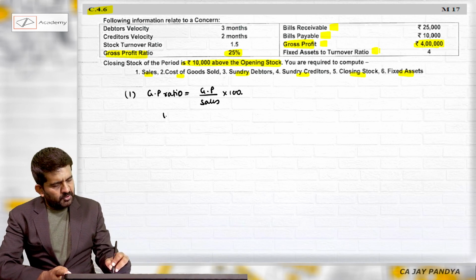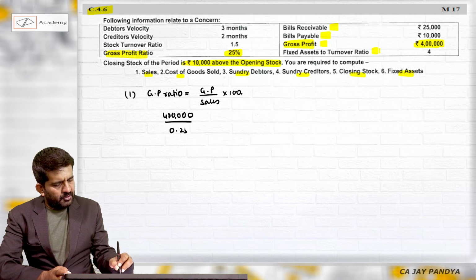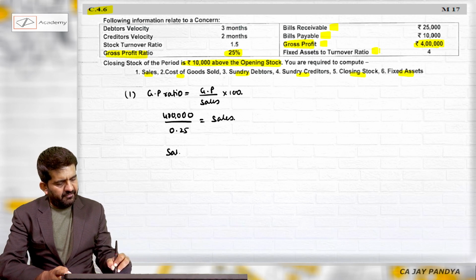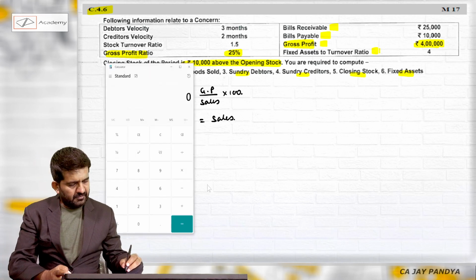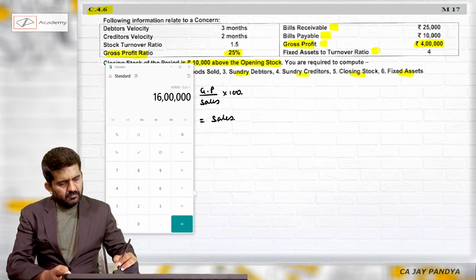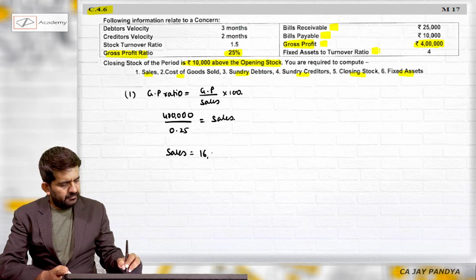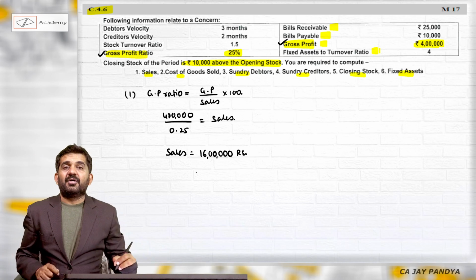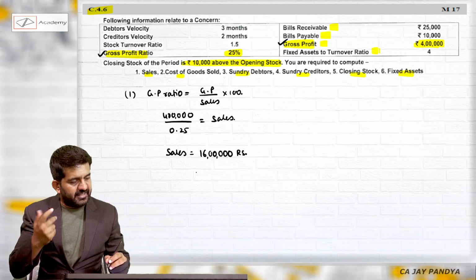So if gross profit is 4 lakh and GP ratio is 25%, that means the sales is 4 lakh divided by 25%, which is 16 lakh rupees. I'll put a small tick mark on the figures and formulas that I've already used.